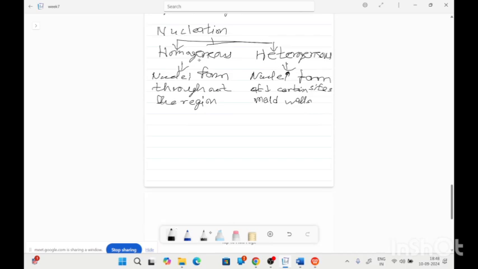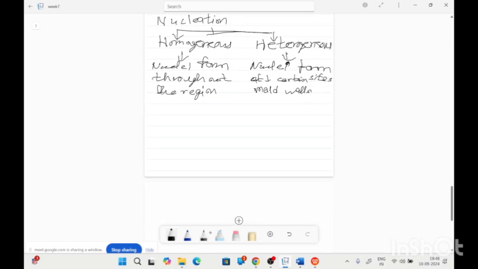The homogeneous and heterogeneous nucleation we will study in detail.